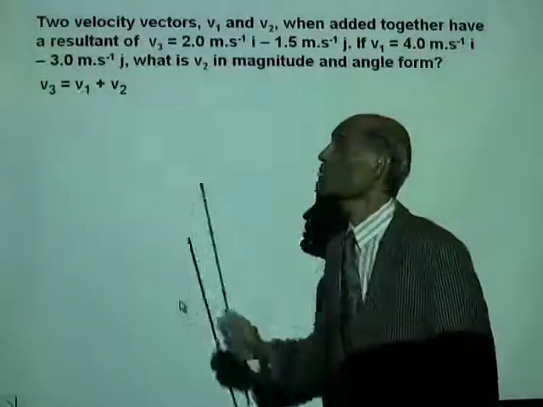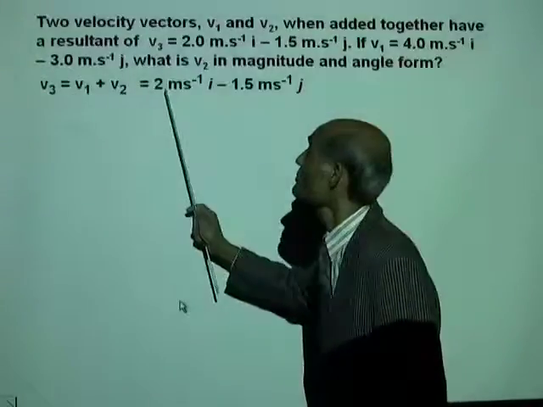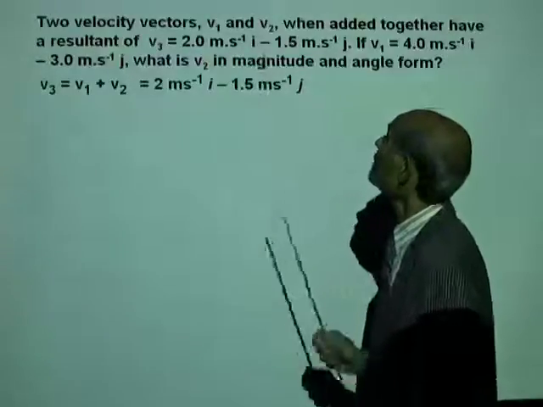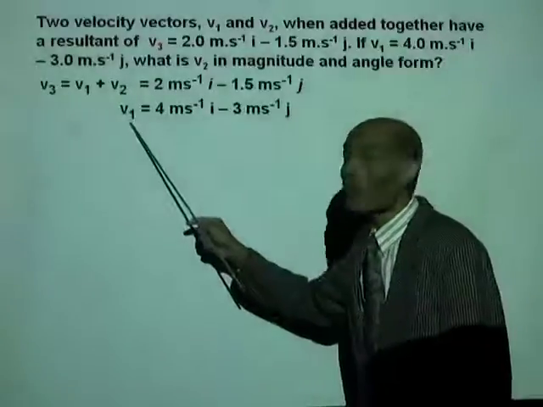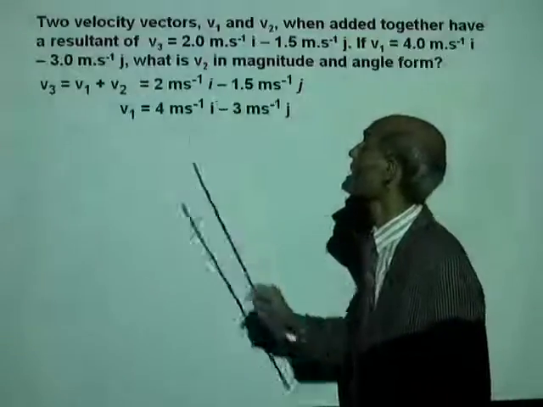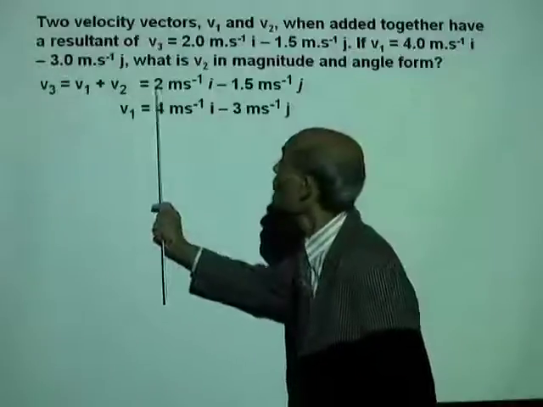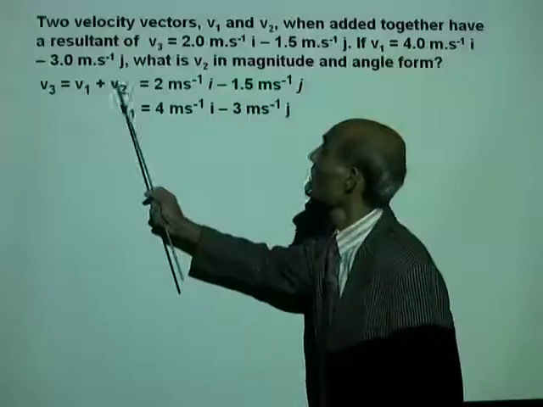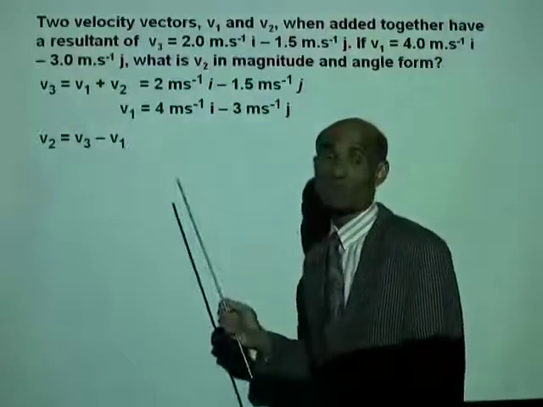Now v3 equals v1 plus v2, and that v3 is 2 meter per second i minus 1.5 meter per second j. And v1 is 4 meter per second i minus 3 meter per second j. Therefore, this is your v3, this is your v1, therefore v2 will be v3 minus v1.